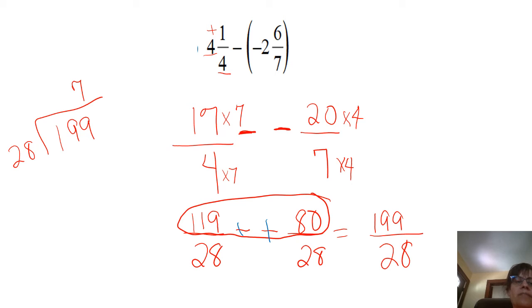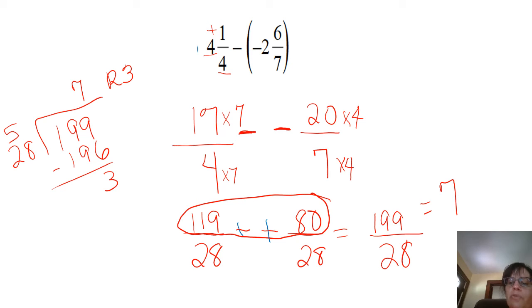So I'm going to go 7 times 8 is 56, carry my 5. 7 times 2 is 14 plus that 5 is 19. So I got lucky. My gut was right. 199 minus 196 gives us a remainder of 3. So remember to change that to a mixed number. Your 7 is your whole number. Remainder is numerator. And now keep that same denominator. Your answer is 7 3/28.